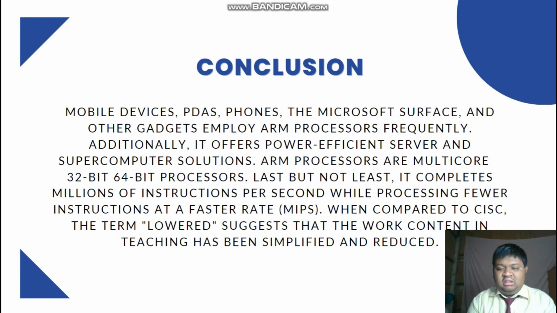Last but not least, it completes millions of instructions per second (MIPS) while processing fewer instructions at a fast rate. When compared to CISC, the term reduced suggests that the instruction content has been simplified and reduced.